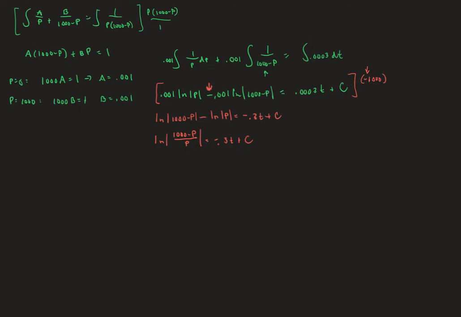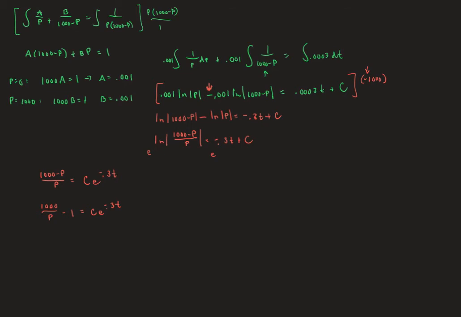So now we can exponentiate both sides and get rid of that logarithm, and it's going to be 1,000 minus p all over p, and on the other side we're going to call that c e to the negative 0.3 t. Now this is good news, because on that left side, because our denominator is a single term, we can split that apart and call it 1,000 over p minus p over p, which is 1, is going to be that c e to the negative 0.3 t.